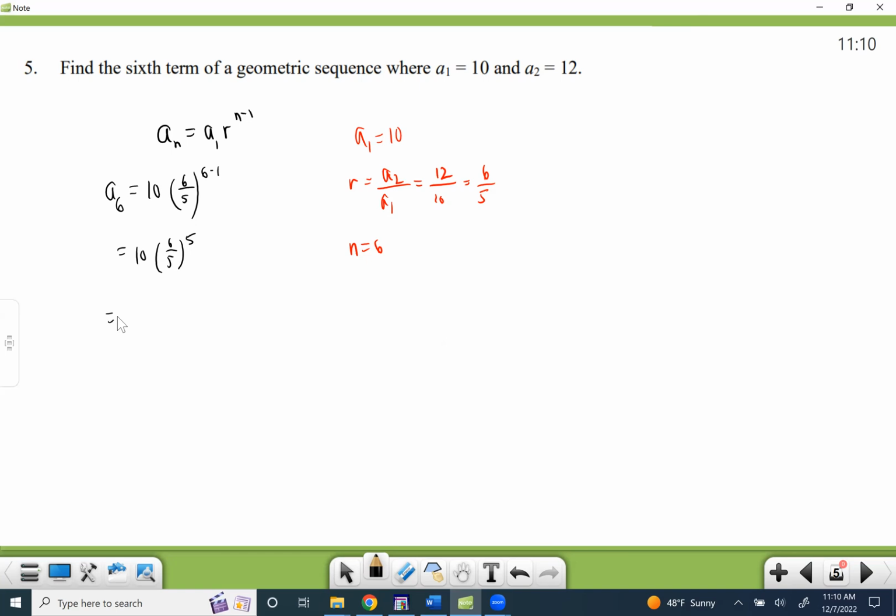It's intended to be a calculator question. Holy moly, I got a big number. I got 15552 divided by 625.